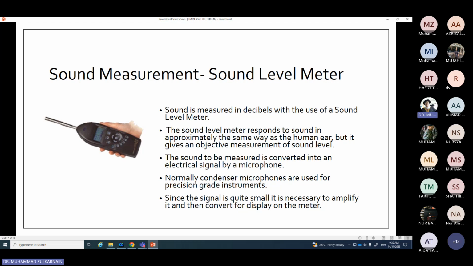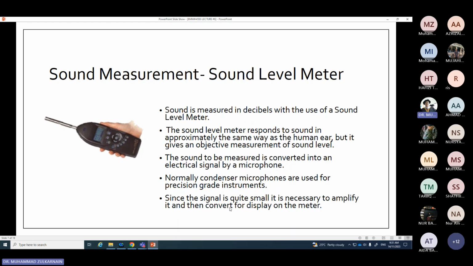The sound to be measured is converted into an electrical signal by a microphone. So we have a microphone at the end of the sensor, and the microphone gives the electrical signal to the device. Normally condenser microphones are used for precision grade instruments.